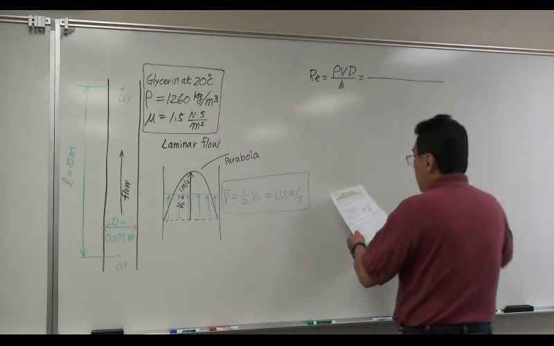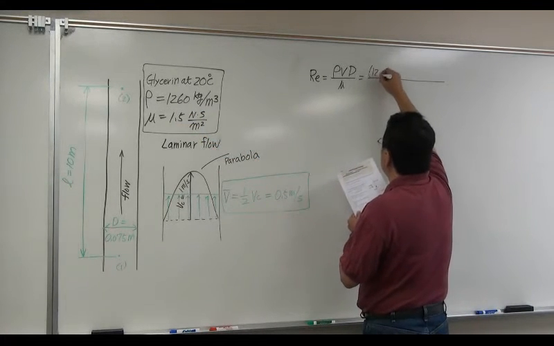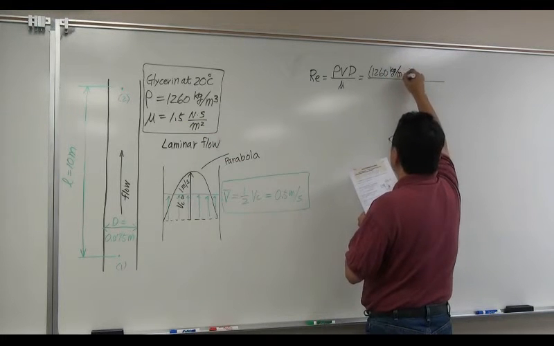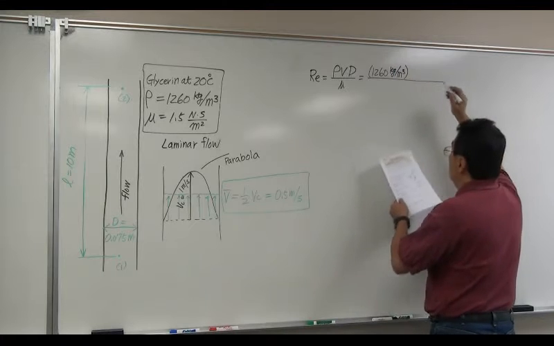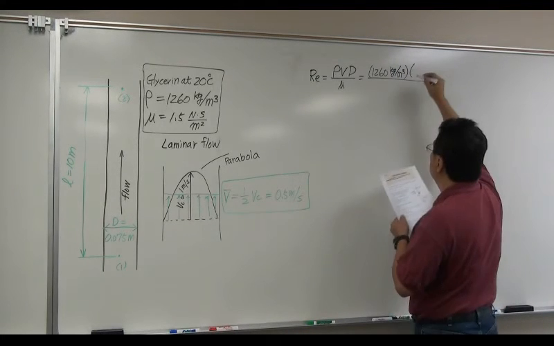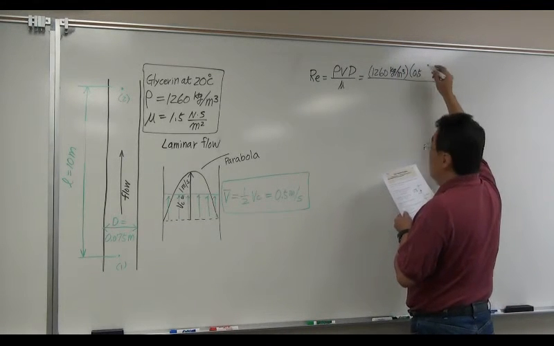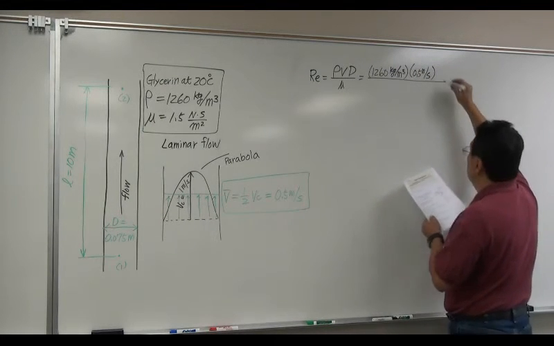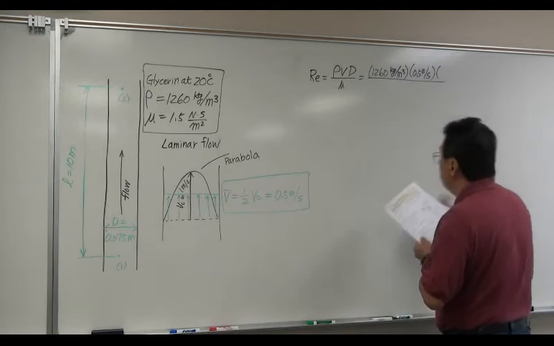Okay. So let's just plug in 1,260 kilogram per cubic meter for the density. Velocity, I'm going to use the average velocity, 0.5 meter per second. Diameter is 0.075 meter.